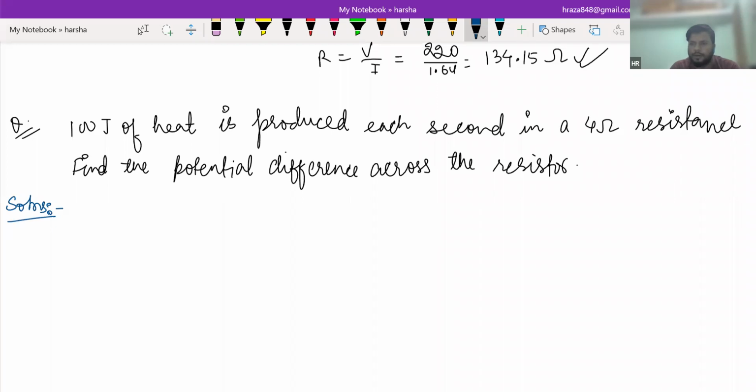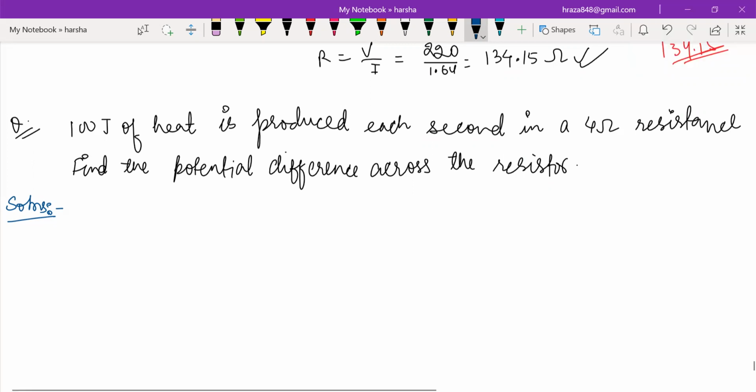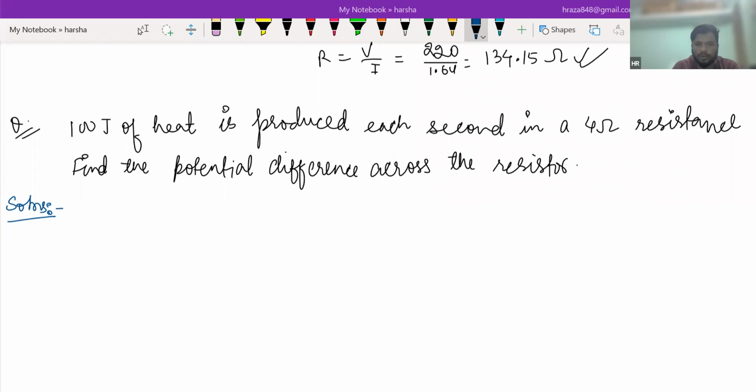Question paper, previous year's question paper. Abdullah, Sarah, Hamna, do you have previous year's questions? I'll check.